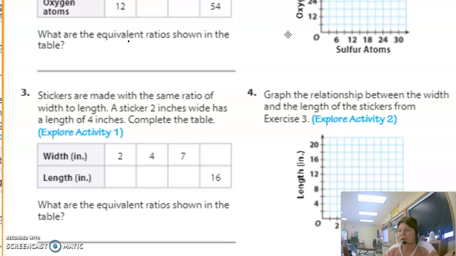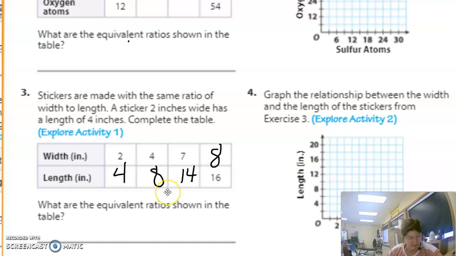Complete the table. So if it's the same, then 2 times 2 is 4, and 4 times 2 is 8, and 7 times 2 is 14, and 8 times 2 would be 16. Okay? So those are our numbers.